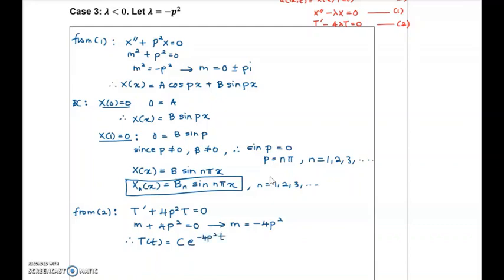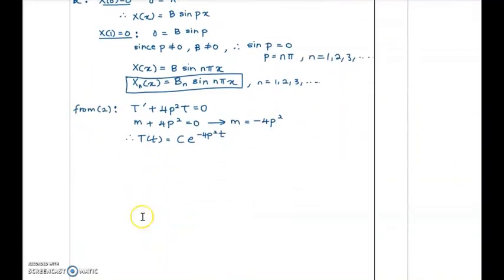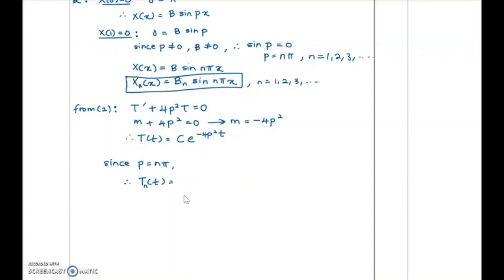Be careful with the variable, because in chapter 2 we are normally dealing with y, but now the variable is t. Since p is n pi, we can write Tn, because n can be from 1 to infinity.